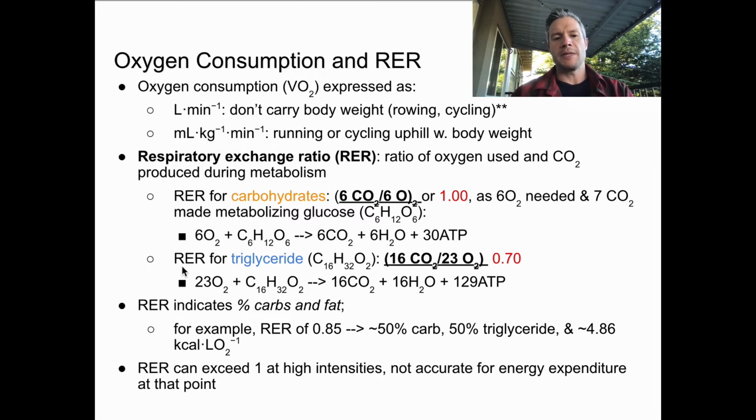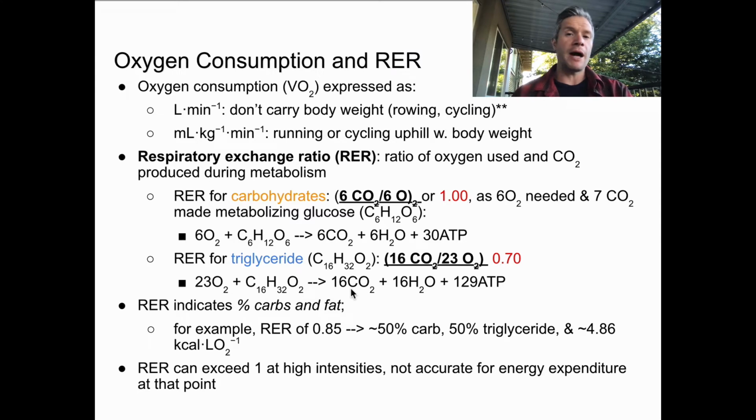Now, if we metabolize triglycerides, what happens? Well, it's a slightly different molecule that we're starting with, our hydrocarbon chain. So during this aerobic exercise, again, that's how we metabolize triglycerides primarily. You can see we have much more oxygen in and some carbon dioxide put out.